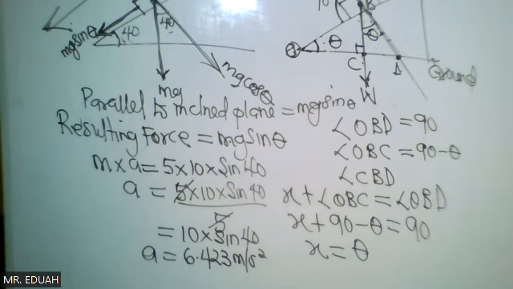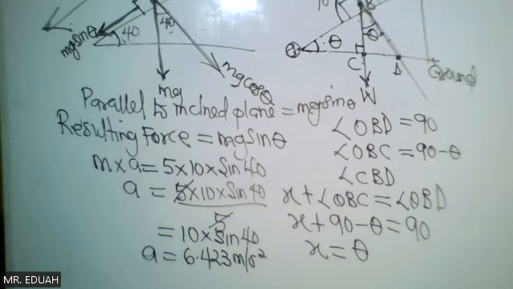A ring of mass 4 kilograms slides down a straight wire inclined at 30 degrees to the horizontal.